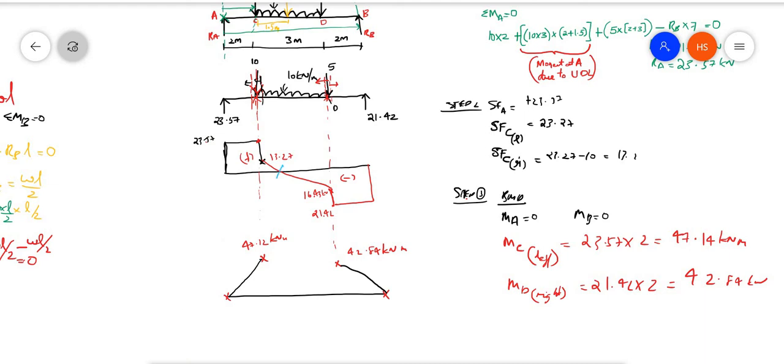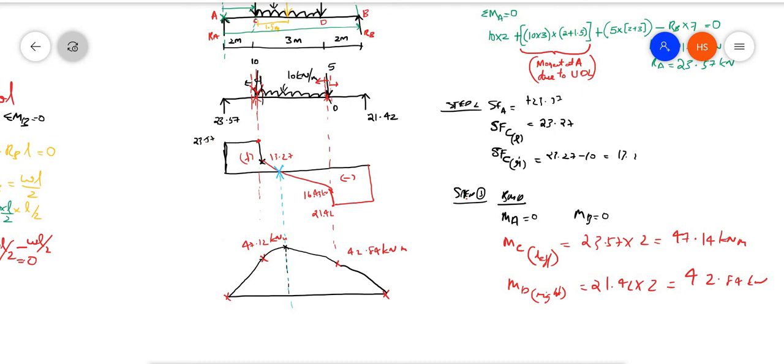So if I am just drawing a line, under this point the bending moment will be maximum. So I can join these two lines like this. Okay, this is a parabola, and this will be the maximum bending moment. So this maximum bending moment I have to find out. That is our aim.